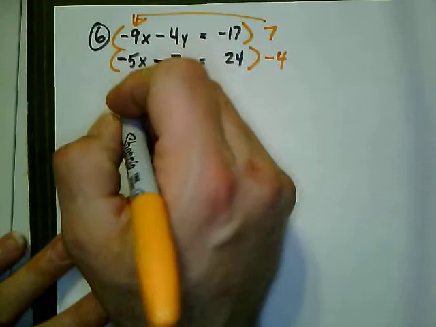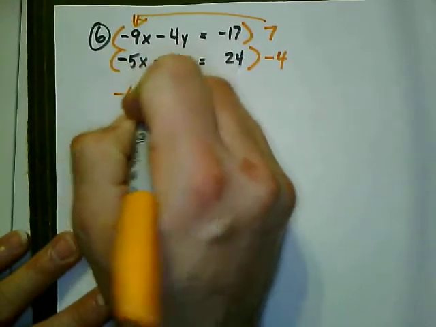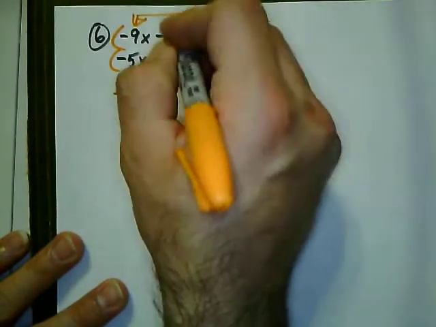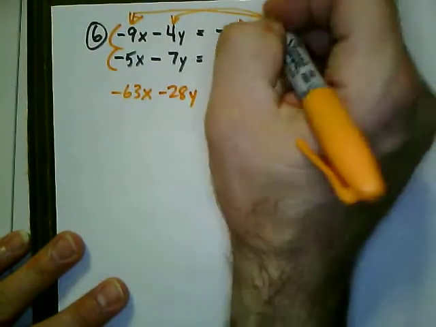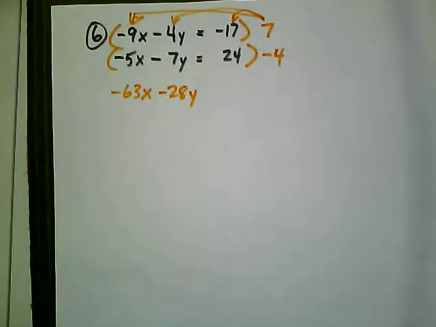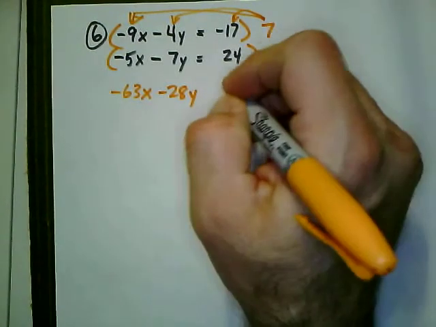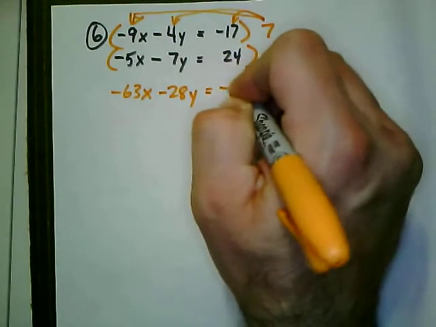So 7 times -9 is -63x. 7 times -4 is -28y. And -7 times 17, my calculator there, is -119. -119 equals -119.